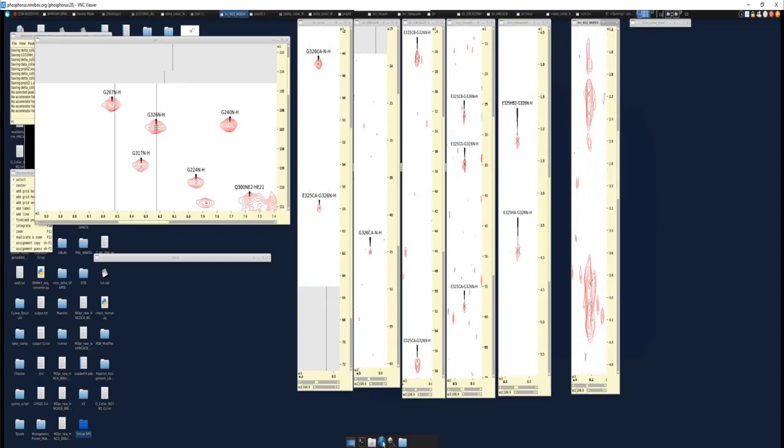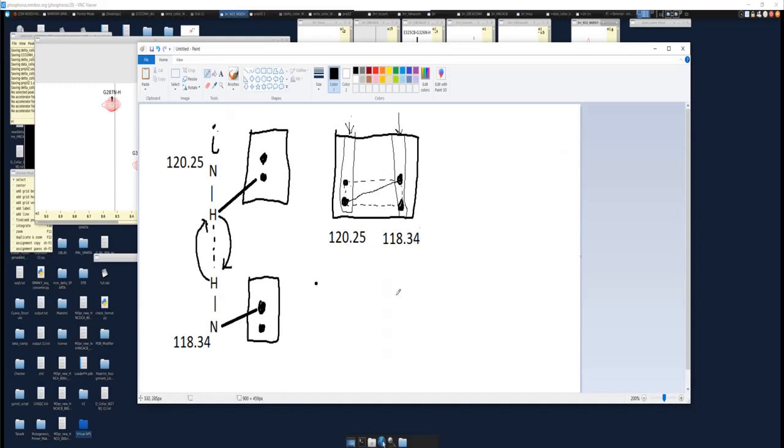So let's bring up this scenario here. We said that this proton here sees this proton, and therefore you have this sort of cross-peak connection. But this doesn't just have to be true for amides. This can be true for any hydrogen value. So let's get rid of this. And let's say you have, let me use this line here.